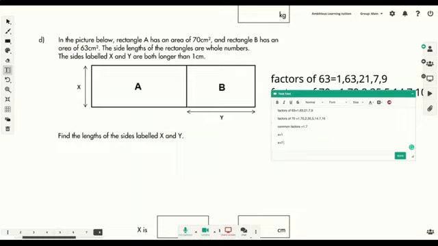Because the common factors are 1 and 7, I will use 7. Then we know that xy equals 63. Put the value of x there, so it'll be 7. 7y equals 63. Then y equals 63 divided by 7. That will give you 9 centimeters.